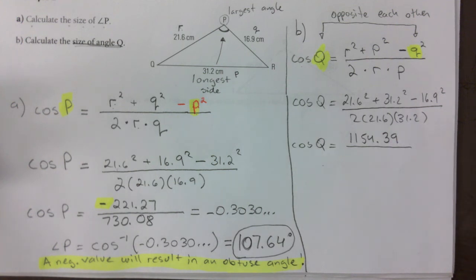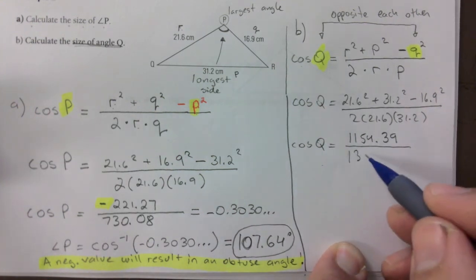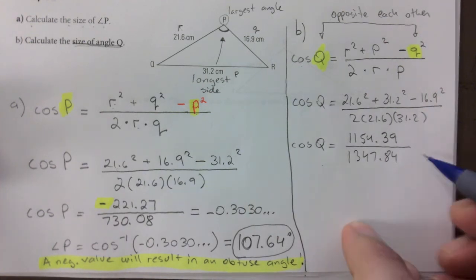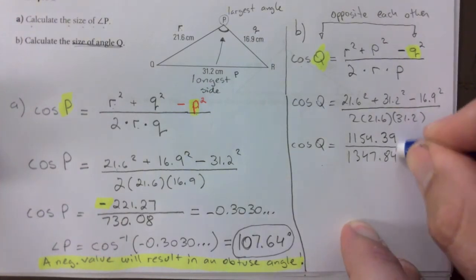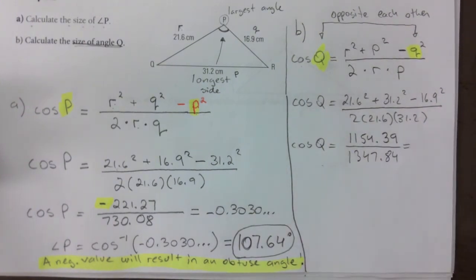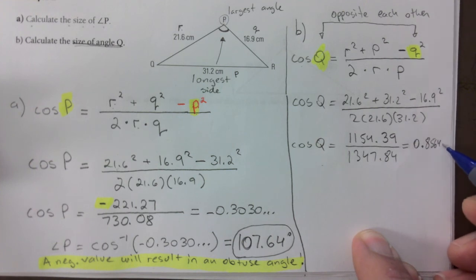So then I go 2 times 21.6 times 31.2. That's 1347.84. Let's get the decimal right next to it. I'm going to erase a little bit here because I don't need that much room. Equals, I get 0.8564, and that keeps going.